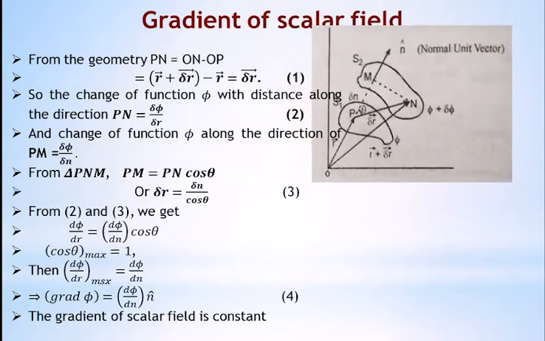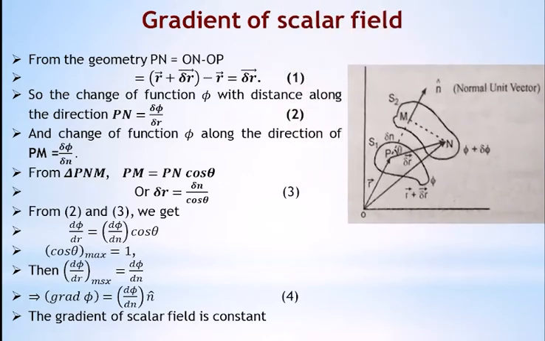So to understand the gradient of scalar field, we consider two surfaces S1 and S2, which are nearest to each other. S1 surface has scalar field phi and S2 has phi plus d phi.